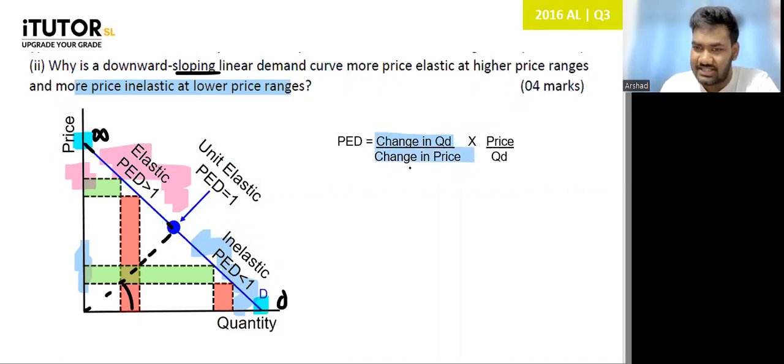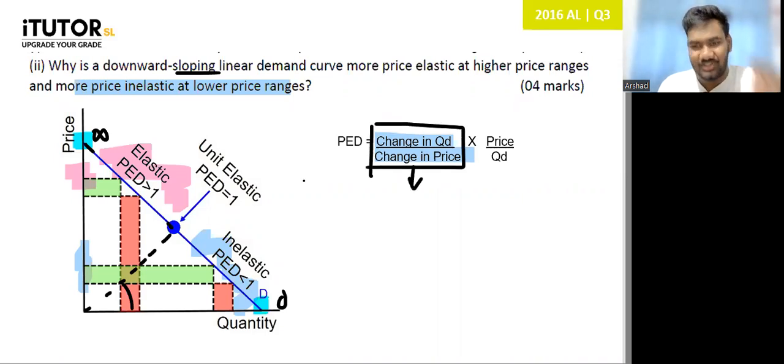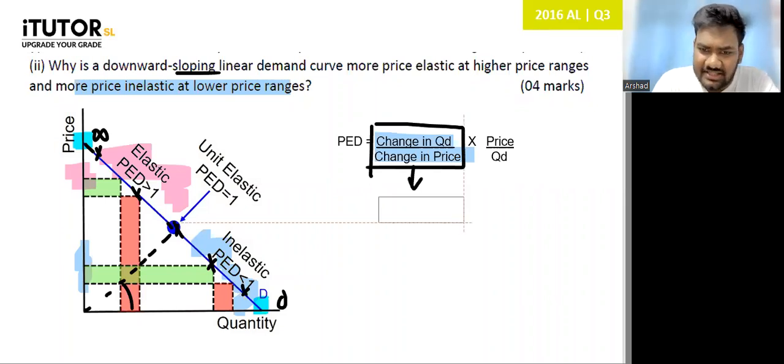Does this first component that I have highlighted change? It doesn't change, right? That is always the same number, no? Whether I find PED at this point, this point, or whatever point, that slope doesn't change. So this one is always constant.